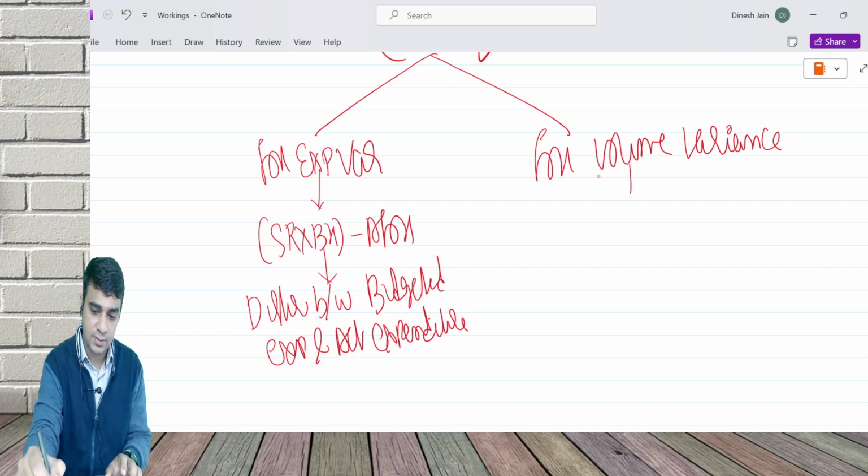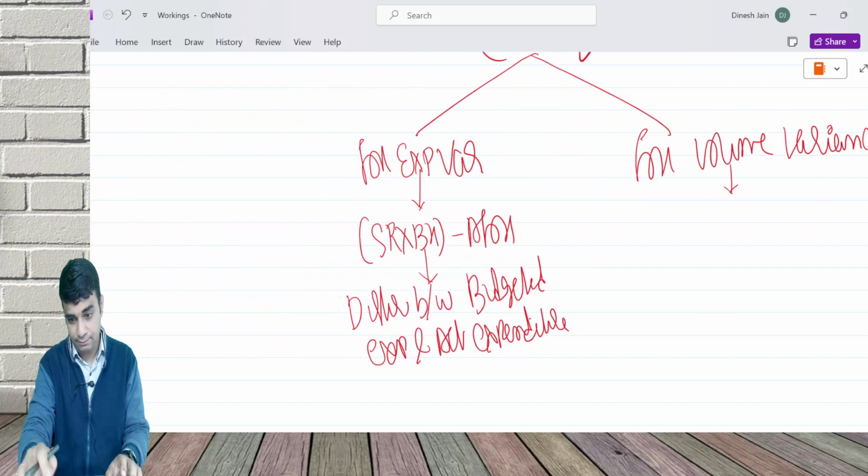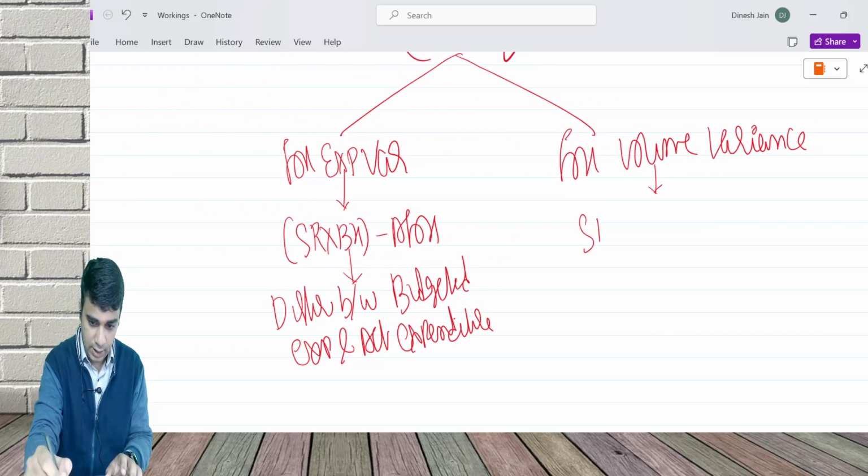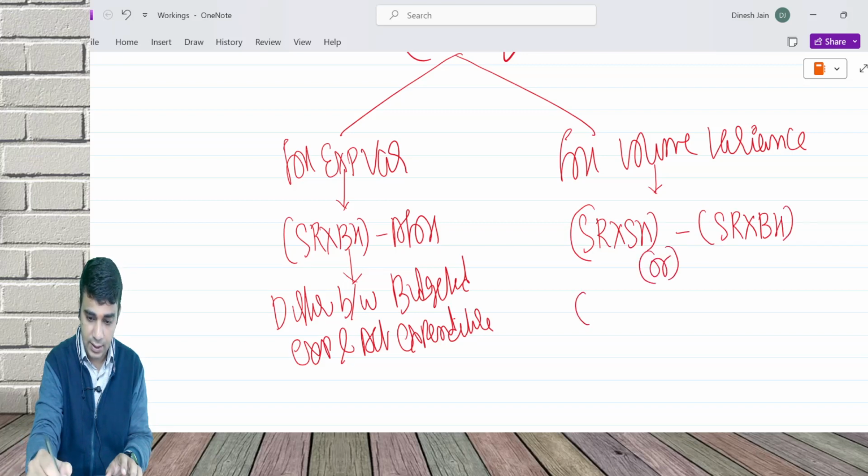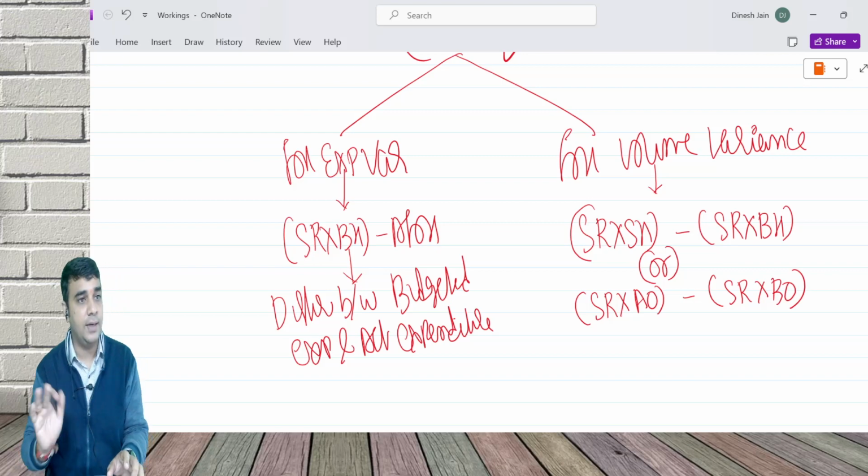Volume variance from the chart: SR into SH minus SR into BH. The other name for this is SR into AO minus SR into BO. I'm writing the other name just to explain the concept, otherwise don't write the other formula down.